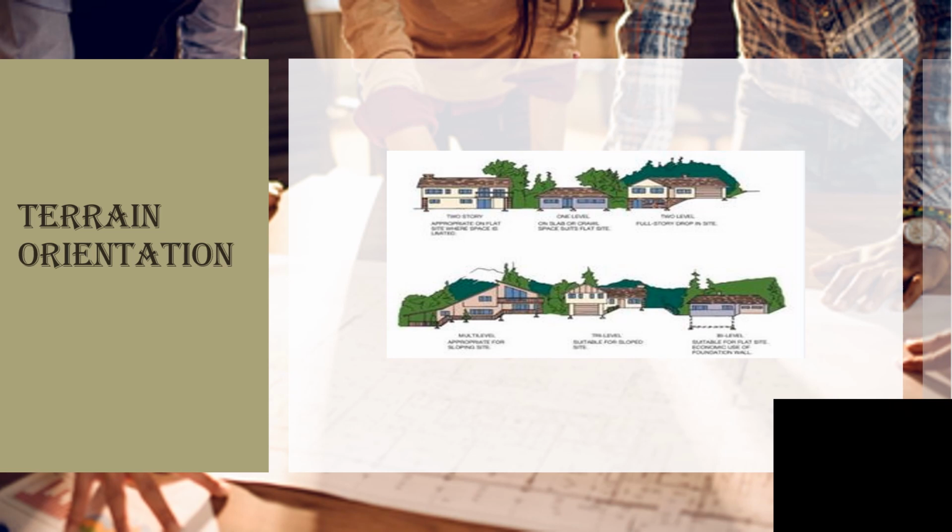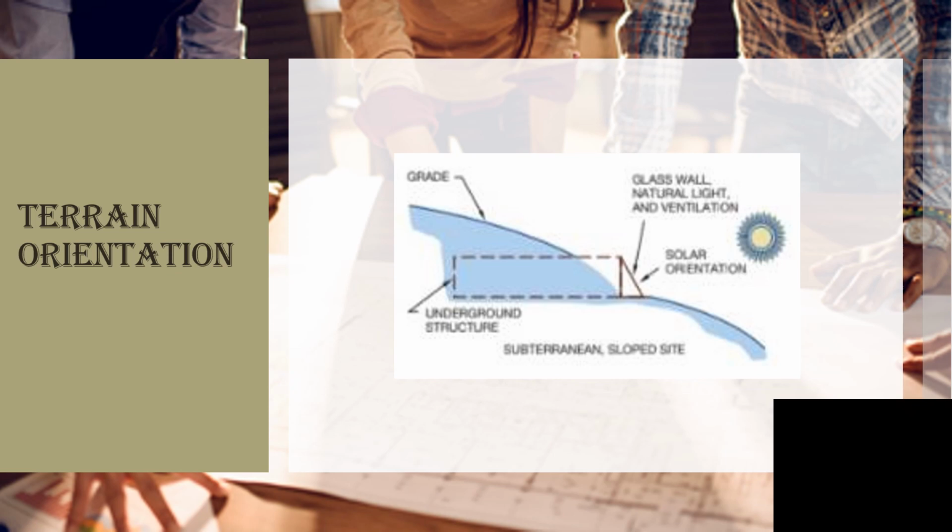Subterranean construction has gained popularity and provides some economical advantages in energy consumption. Next is subterranean slope site. The terrain of the site is an important factor to consider in the implementation of subterranean designs.